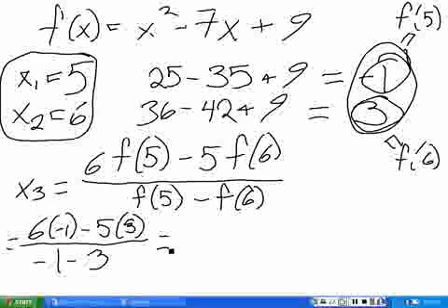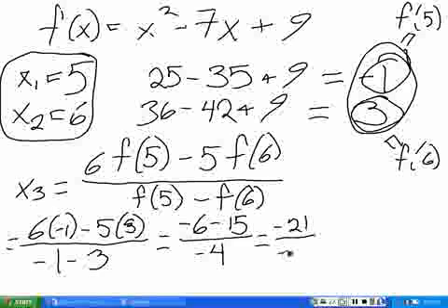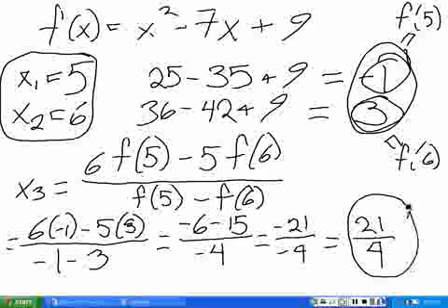So this gives me minus 6 minus 15 for 5 times 3, and then I get minus 3 minus 1, which is minus 4. So this is minus 21 over minus 4, and I get 21/4 as my approximation to the root.